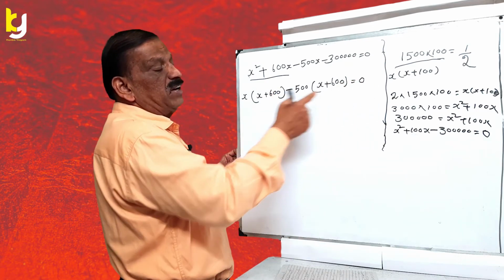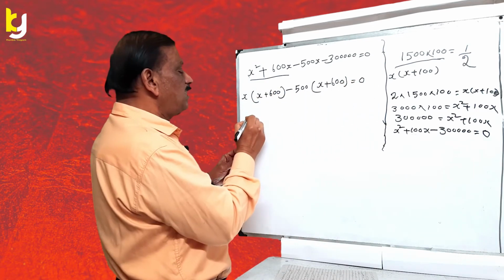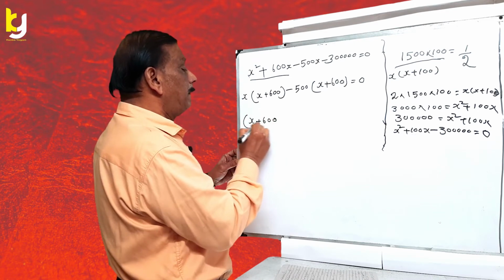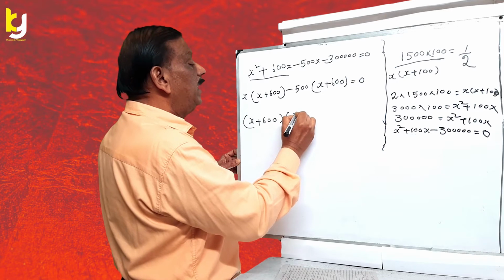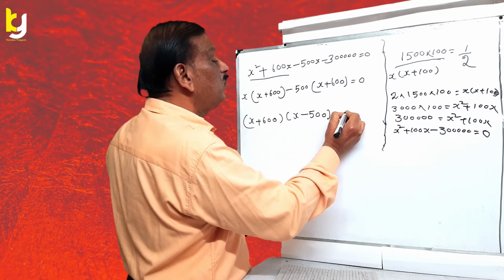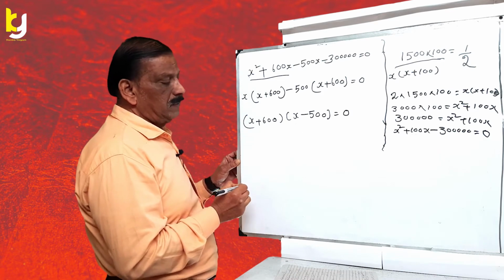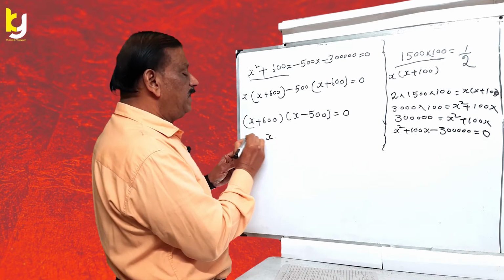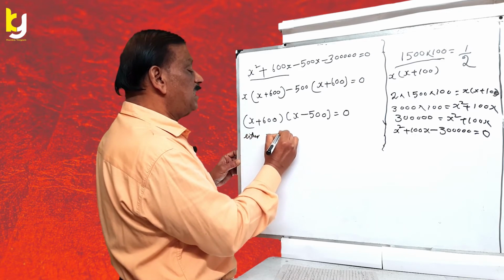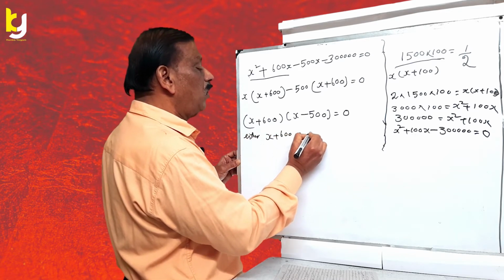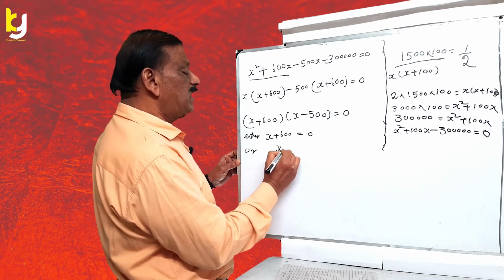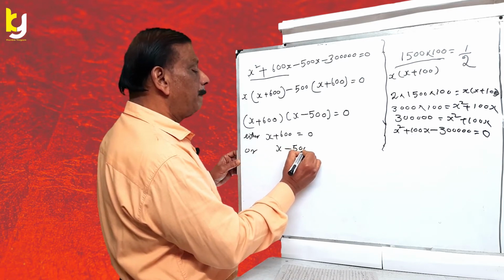X plus 600 is common, take x plus 600 outside, into x minus 500, that is equal to 0. This means either x plus 600 equal to 0 or x minus 500 equal to 0.